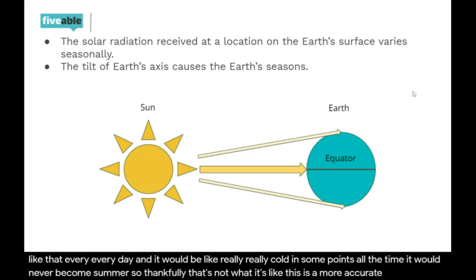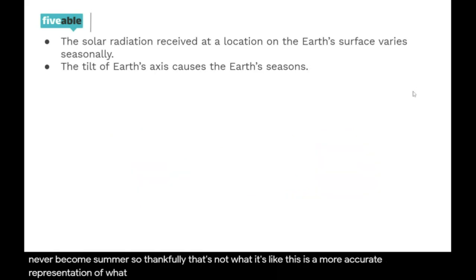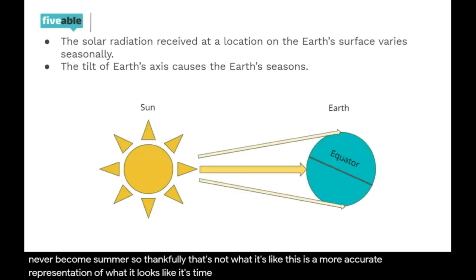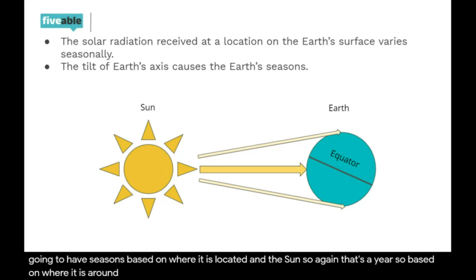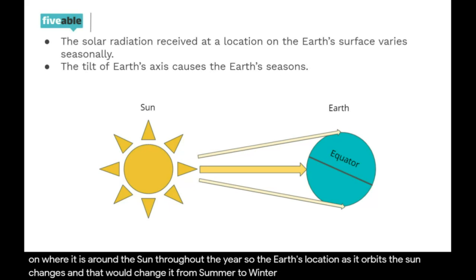This is a more accurate representation of what it looks like. It's tilted. And that tilt, that unevenness, makes it so that we're going to have seasons based on where it is located around the sun. So again, that's a year. So based on where it is around the sun throughout the year, the Earth's location as it orbits the sun changes, and that would change it from summer to winter as it moves around.